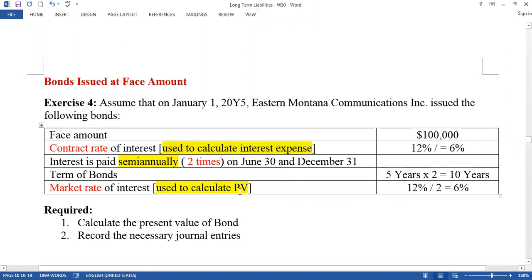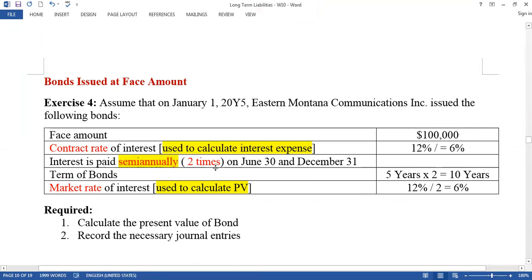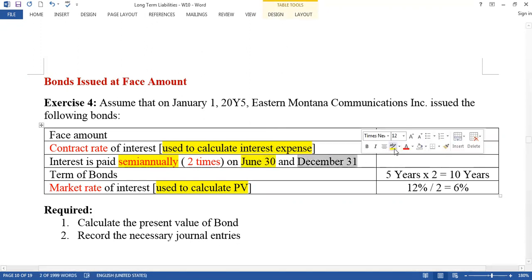We use the market rate to calculate the present value. Another important keyword here is that interest is paid semi-annually. Semi-annually means 2 times a year: one is June 30, another is December 31st.